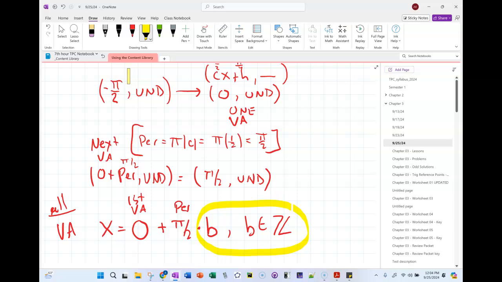Always going to have these vertical asymptotes all over the place. That's how it looks always. Yeah, so this just says is a member of the set, and that's integers.